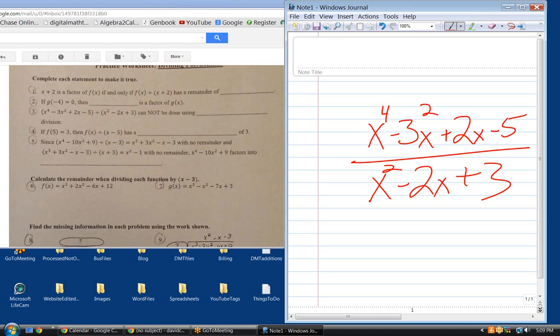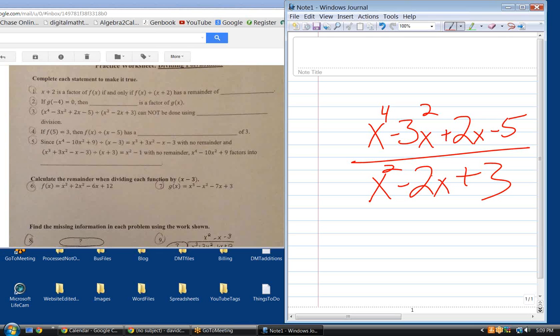And one of the ways you do division is long division, right? Right. What's another way to do division? What's the other way you've been learning? I don't know the name of it. Synthetic. Okay. This cannot be done by using synthetic division.